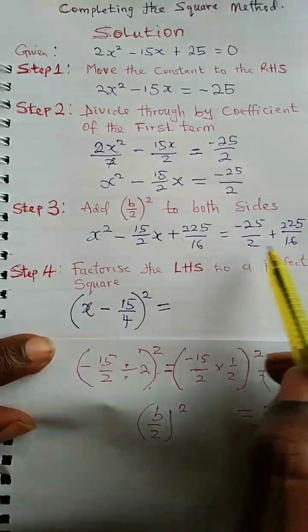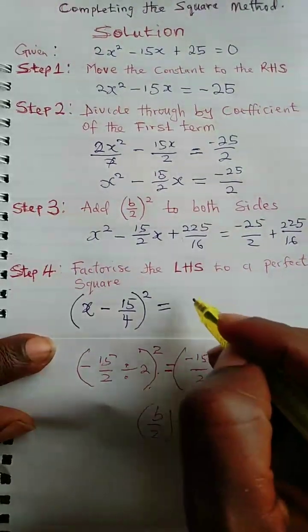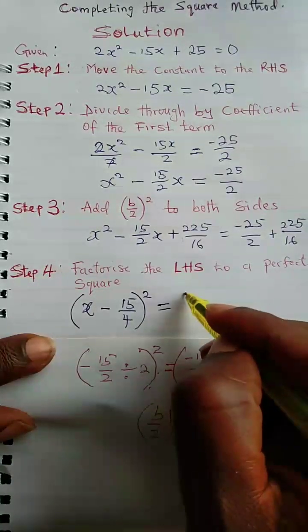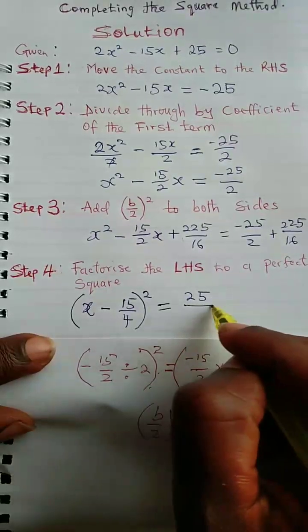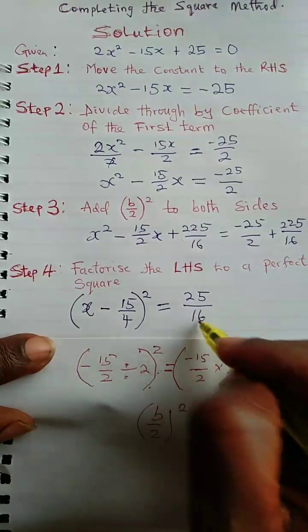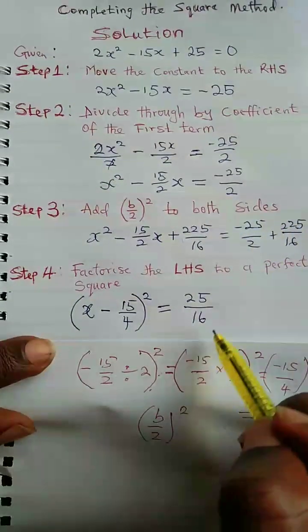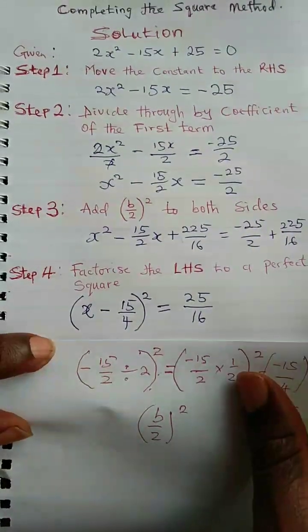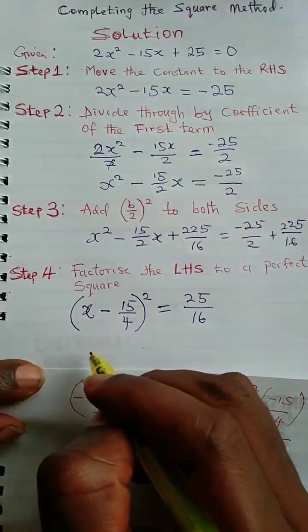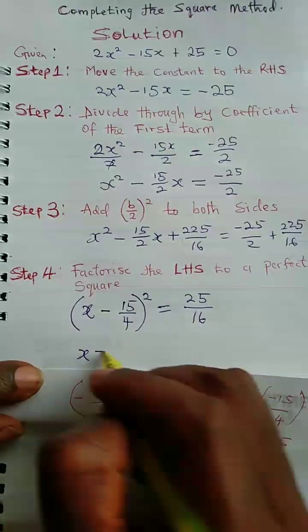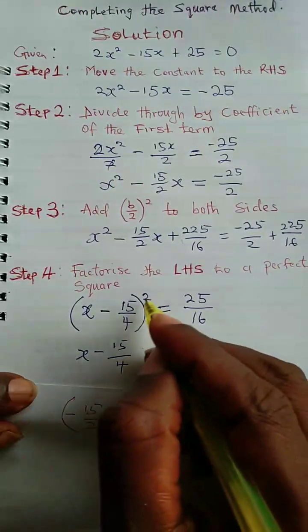If you simplify this right hand side, it is going to give us 25 over 16. So when we simplify, this is what we are going to get. The next step is to solve for x and get rid of this square.